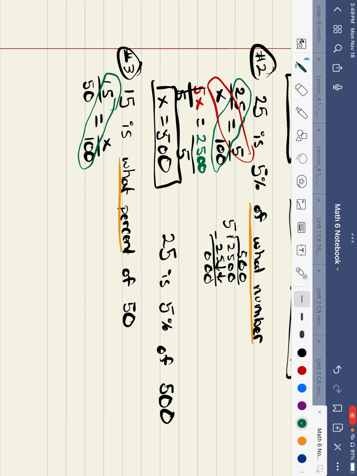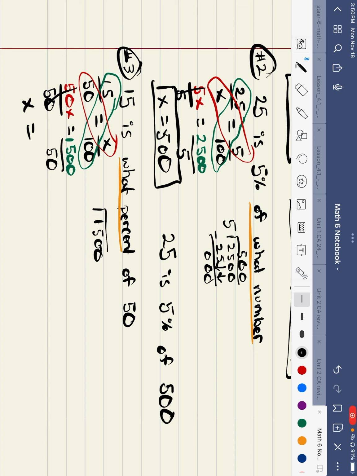15 times 100 is going to give us 1500. 50 times x, 50x. Bring your equal sign down. Now we got the same process. We divide by 50 to cancel that out, but we got to do it on both sides. And then we're left with x is equal to whatever we get here, 1500 divided by 50. Can't make a group of 50 with 1 or 15, but you can do 150.